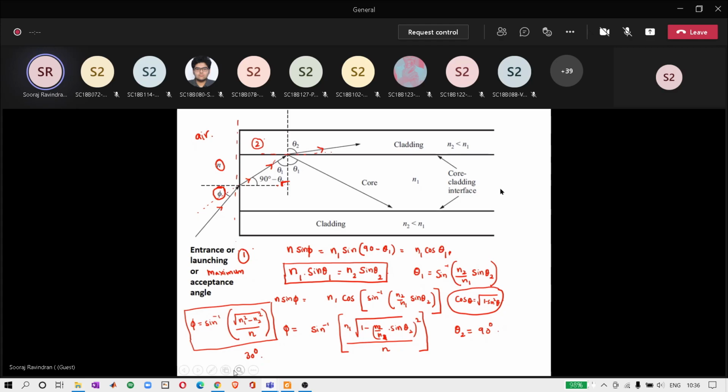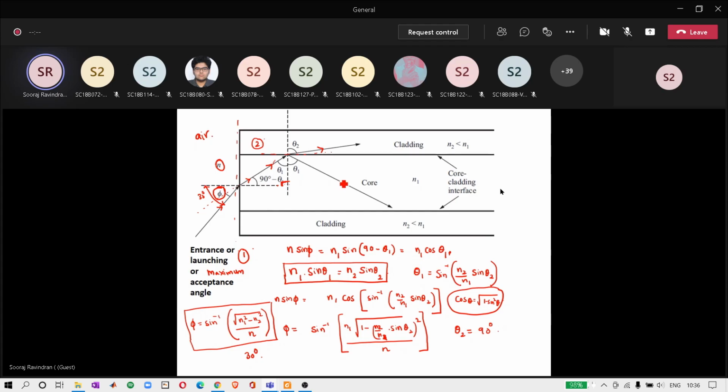With respect to the axis of the optical fiber, you can launch light rays up to 30 degree. That means this angle, anywhere from 0 to 30. If you launch up to 30 degree, the ray would undergo total internal reflection. If it is above 30, let's say 31 or 32, anything beyond 30, total internal reflection will not happen.